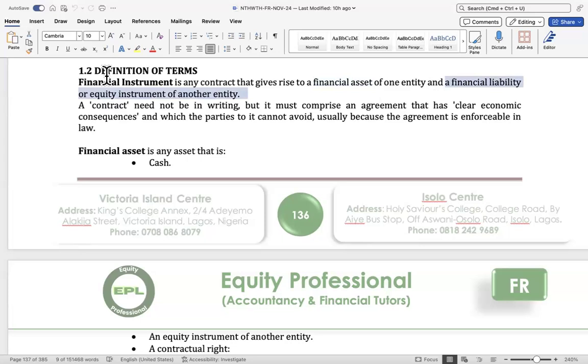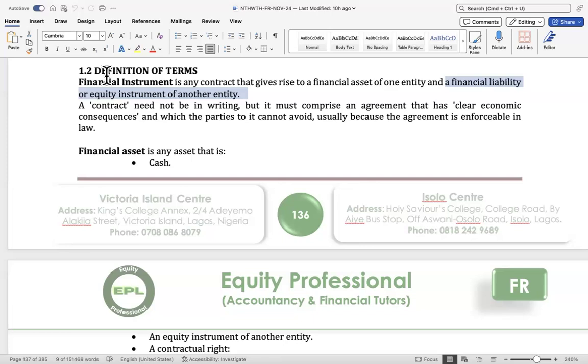So this definition shows clearly that, of course, there have to be two parties involved for there to be a financial instrument. These two parties in question, one of them must have a financial asset. Another one must have either a financial liability or equity instrument.